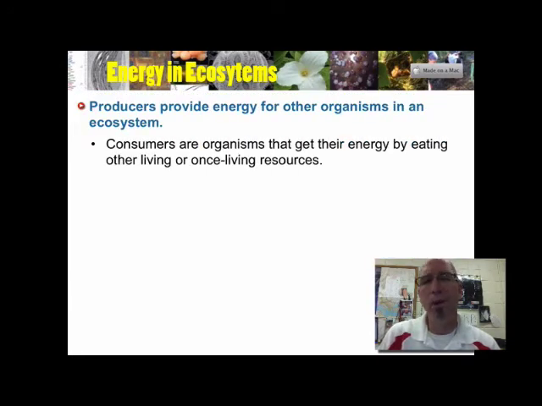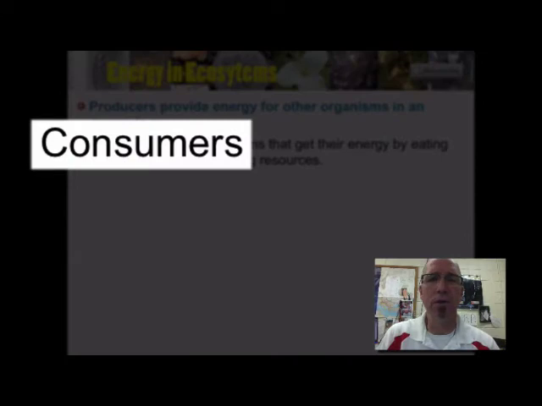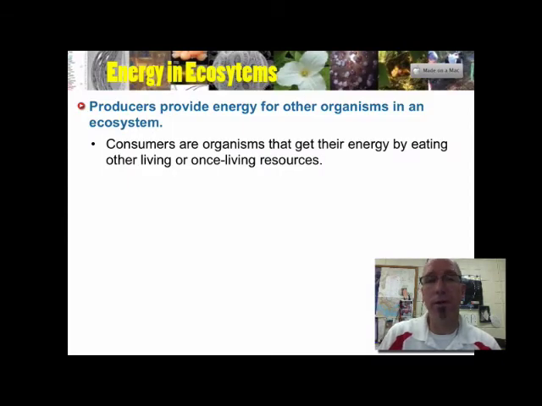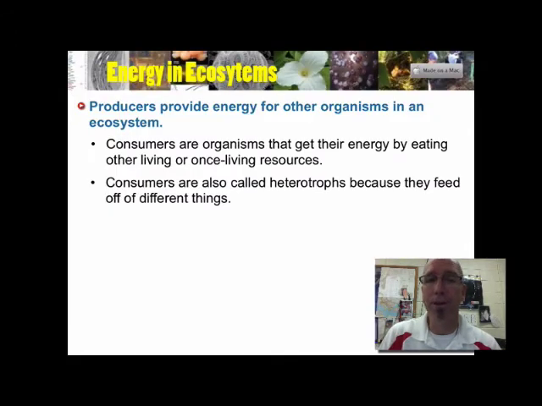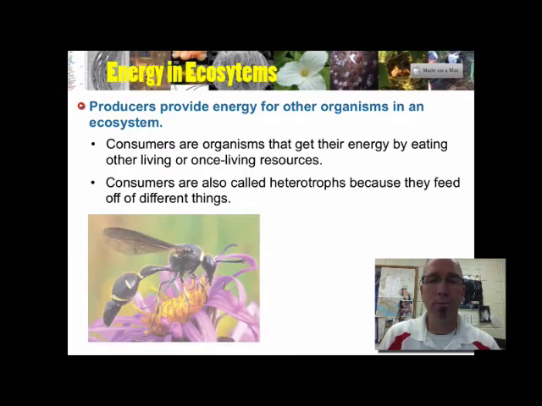We, on the other hand, don't do photosynthesis to get our energy. We're consumers. And so from once living things, that's where we get our energy from. And we're called heterotrophs. Hetero means other, heterotroph, other feeder, as opposed to an autotroph.